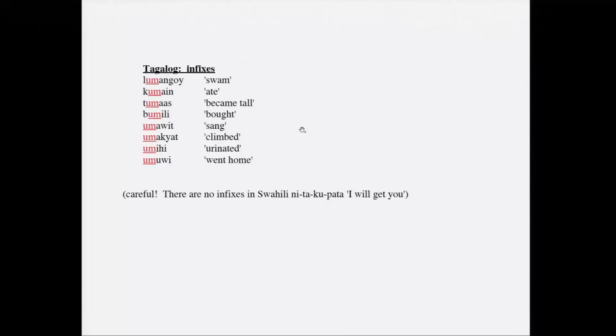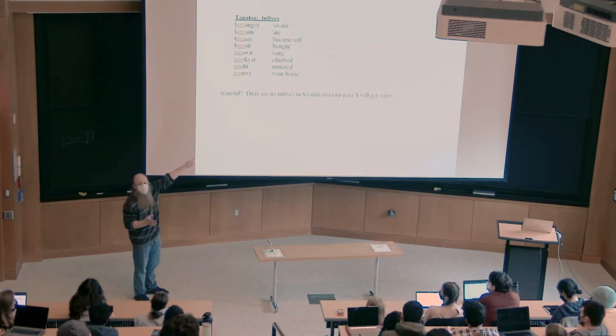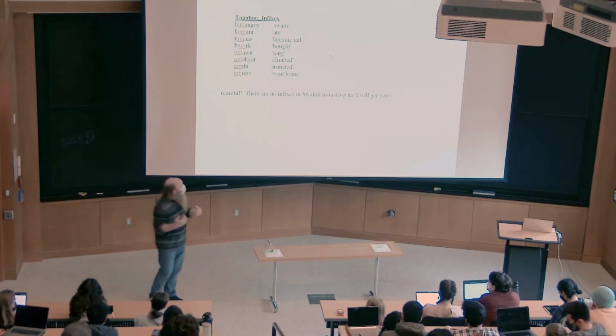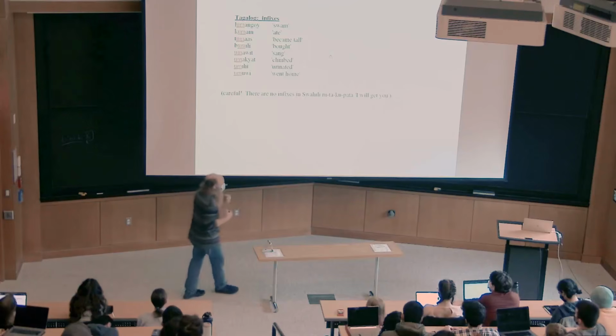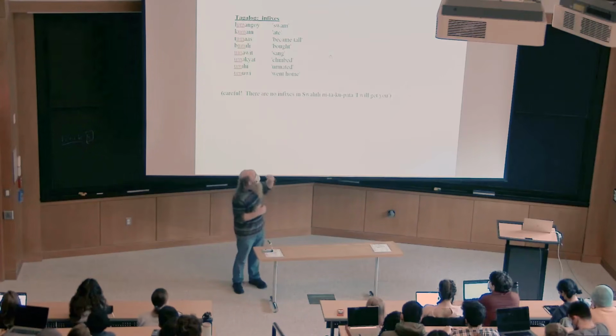A Swahili verb, like I will get you there, doesn't have any infixes in it at all, right? It's got a verb, pata, which is preceded by 3 prefixes. The rule for ku says, put me right before the verb. And the rule for ta says, put me right before ku.